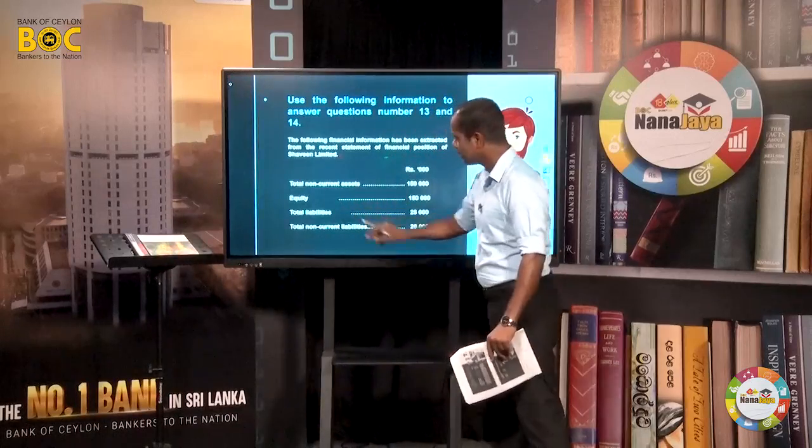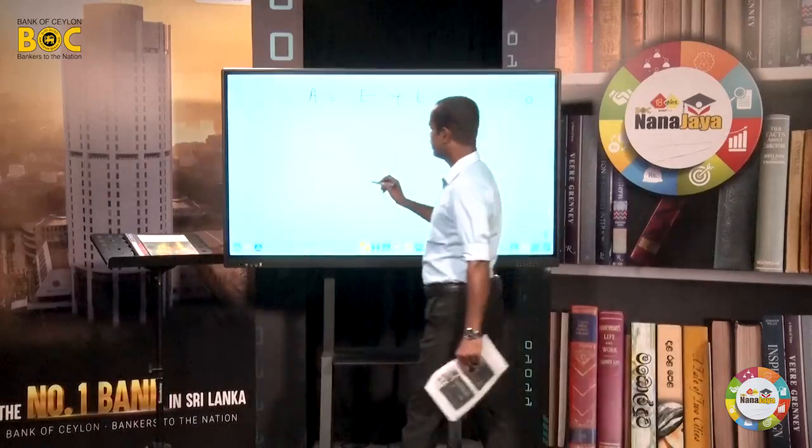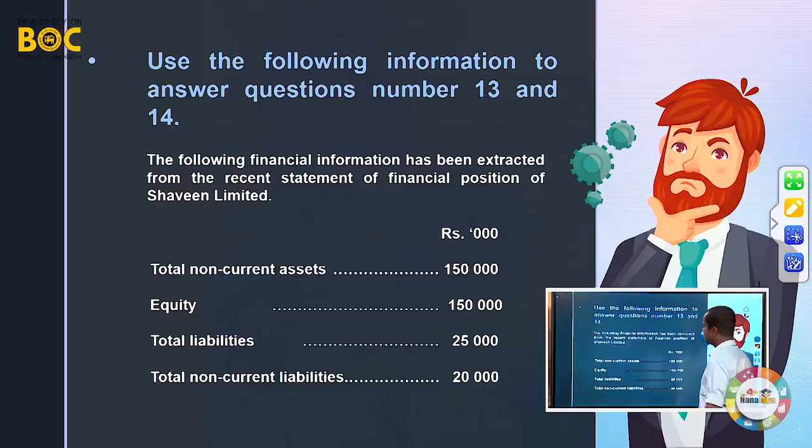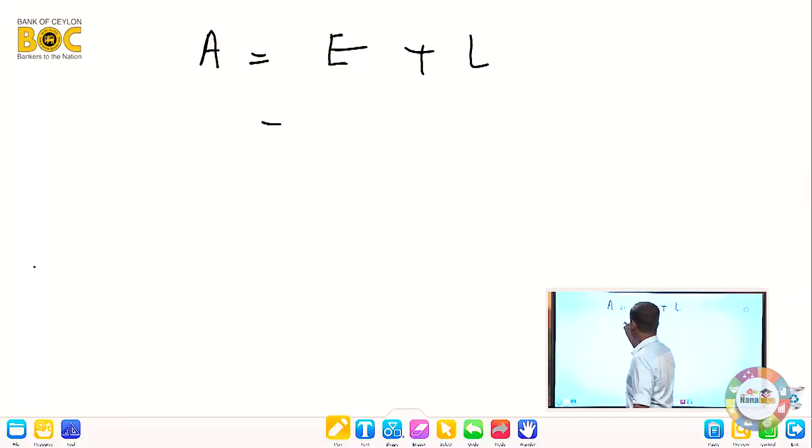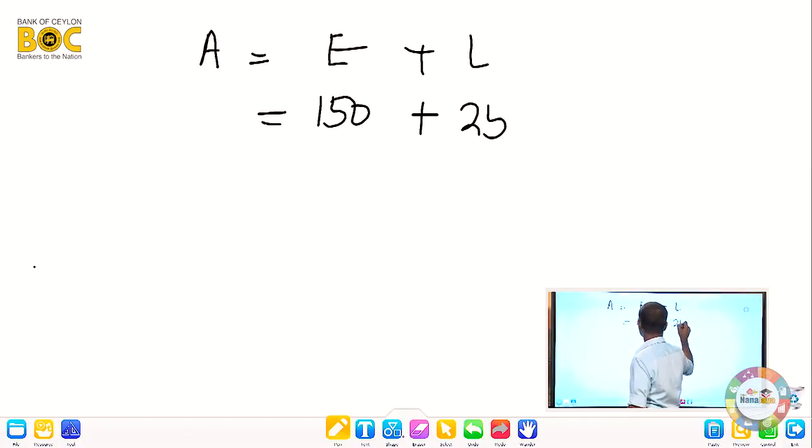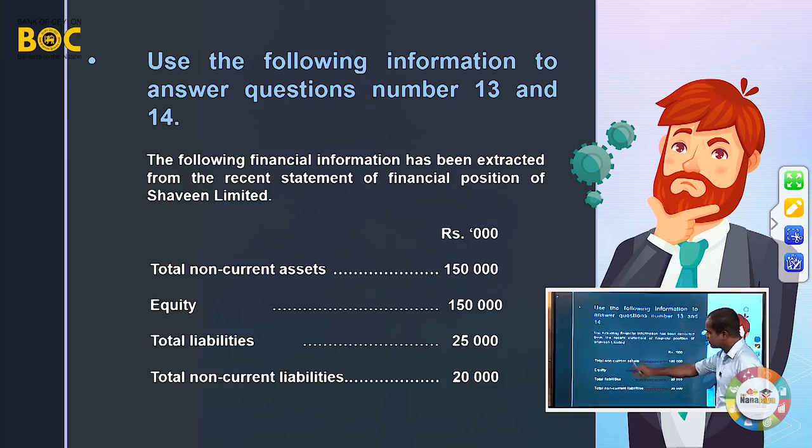In the question, equity and liabilities are given: equity 150 million, liabilities 25 million. For assets, non-current assets are given.